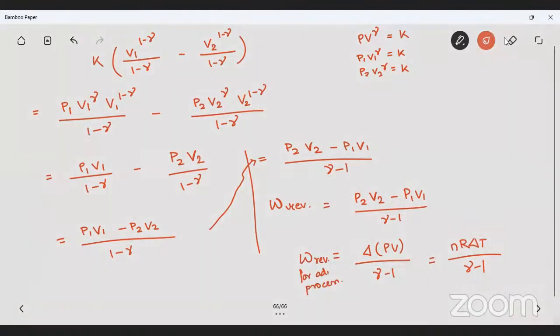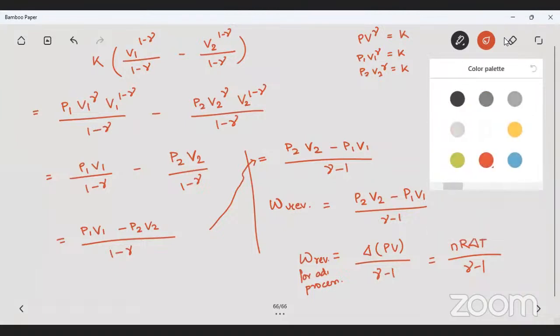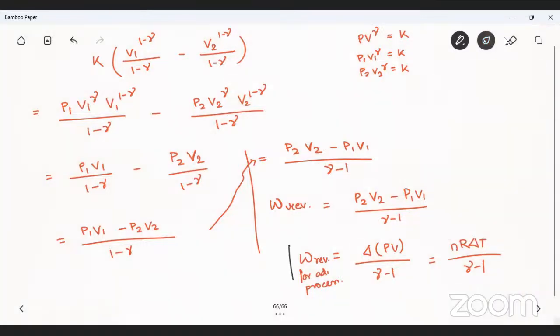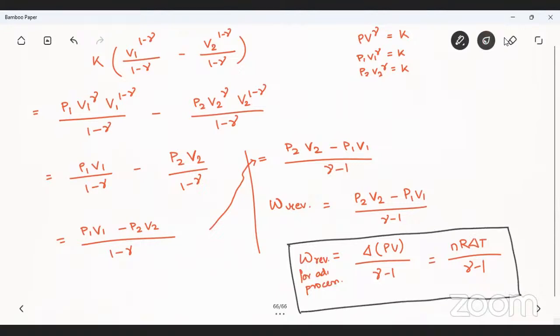This is another formula to calculate work done for the adiabatic process. Up to this, is everything clear? Yes, ma'am. Okay.